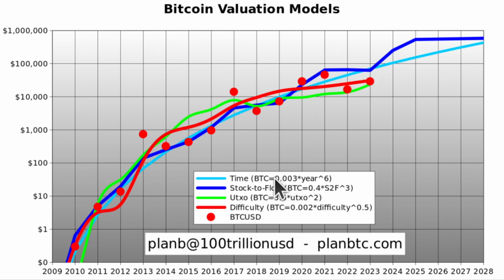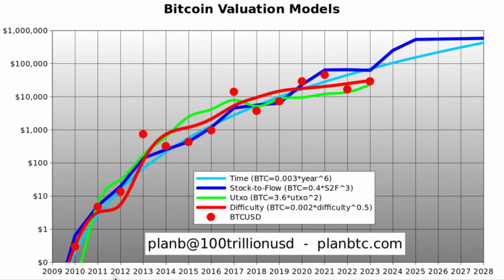And stock to flow measures scarcity by the stock to flow ratio, and the logic then is that the Bitcoin price increases as the scarcity of Bitcoin increases, and there's special interest, of course, for the halvings. Those are the jumps, where the price jumps and the model jumps as well.